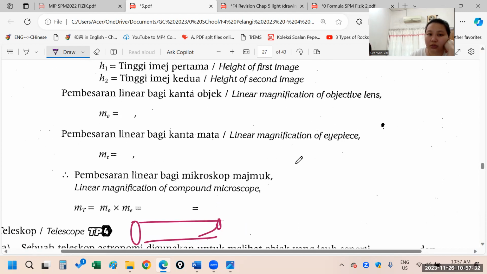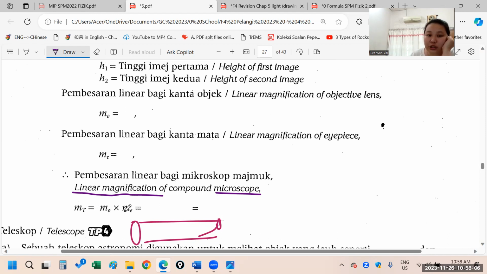Okay, so now, what is the linear magnification for a microscope? This is the classic type of microscope we call a compound microscope. We still have the electronic microscope, which uses digital to enlarge.